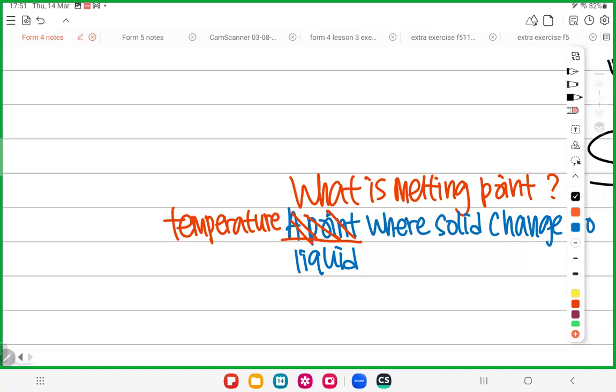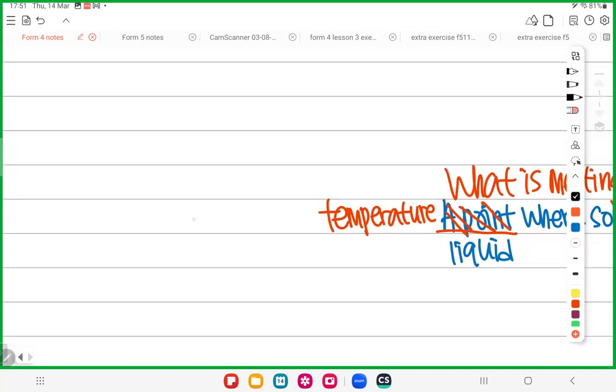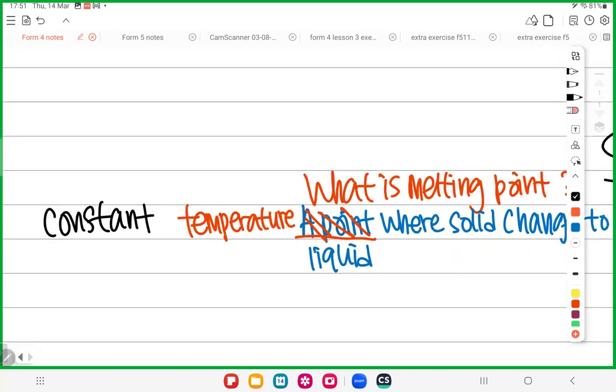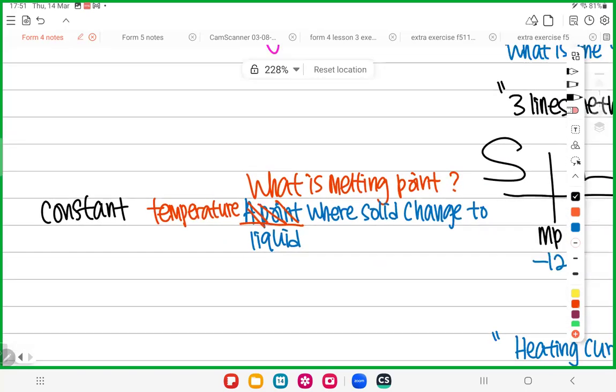It will stop there until all the solid becomes liquid. So during the melting process, the temperature doesn't change at all. So when temperature doesn't change, you must add another magical word in front: constant. So melting point is a constant temperature where solid change to liquid.